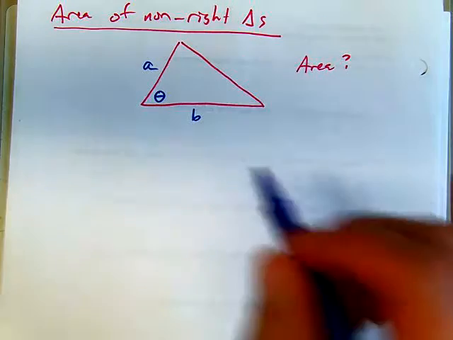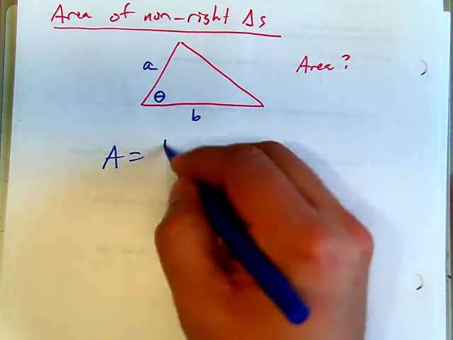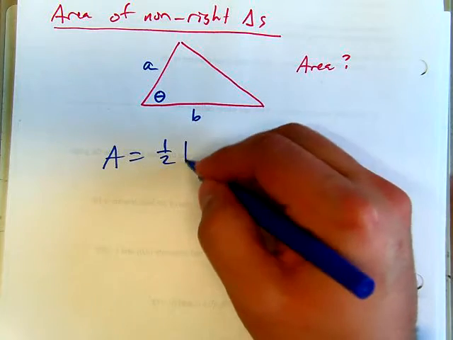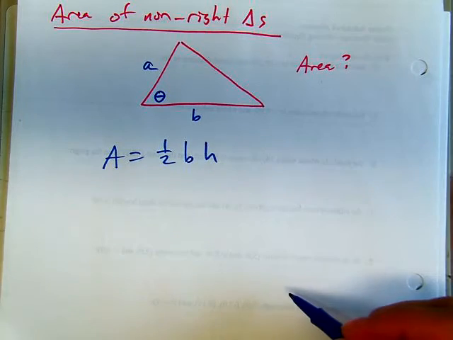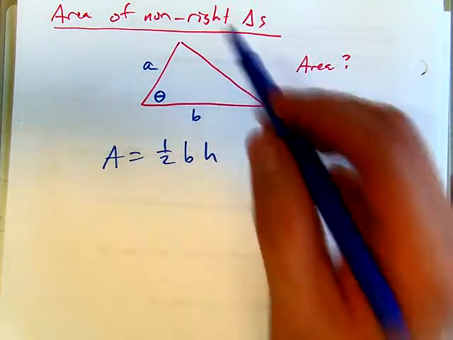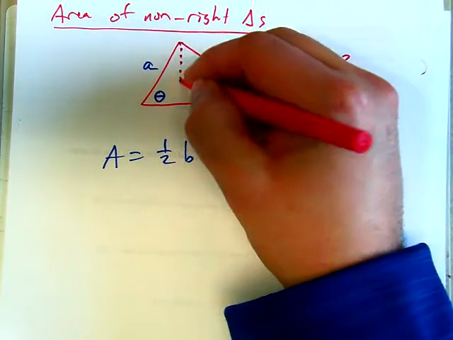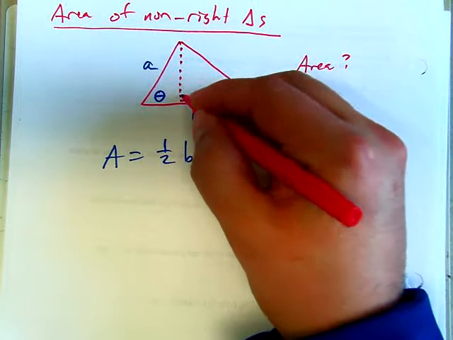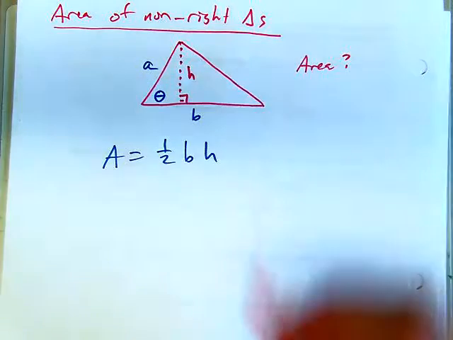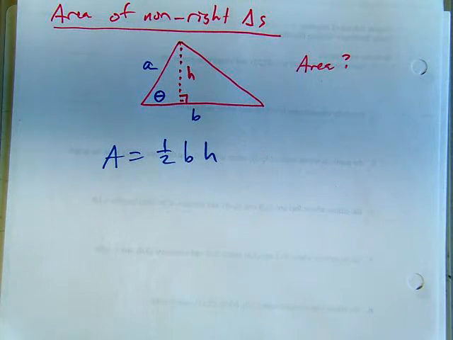Okay, now we know that typically the area of a triangle is 1/2 base times height. Okay, but we don't have the height, so to at least get started, we'll draw it in. So our height will go straight down to the base, make a right angle, and now there it is. Okay?